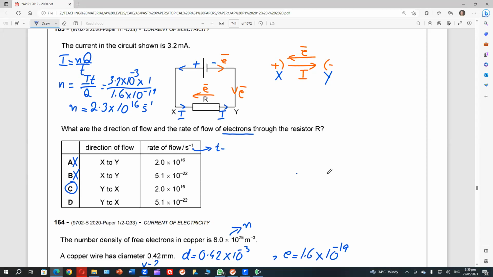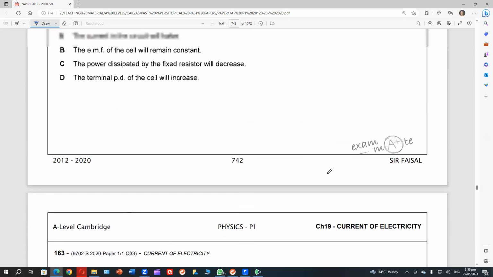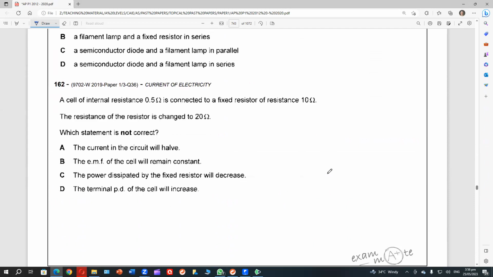So I take time as 1, and it will be a unitary method. I left the time as it is. The rate of flow of electrons means number of electrons per unit time. So let's quickly try this question.